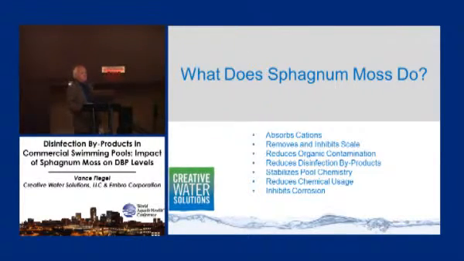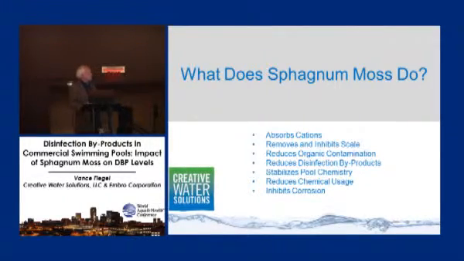We know over the years from both lab studies and from field studies that sphagnum moss reduces the organic contamination in swimming pools. As I'm going to show you, it reduces disinfection byproducts. It stabilizes pool chemistry, stabilizes pH, stabilizes the chlorine levels. It actually reduces chemical usage in a number of ways.